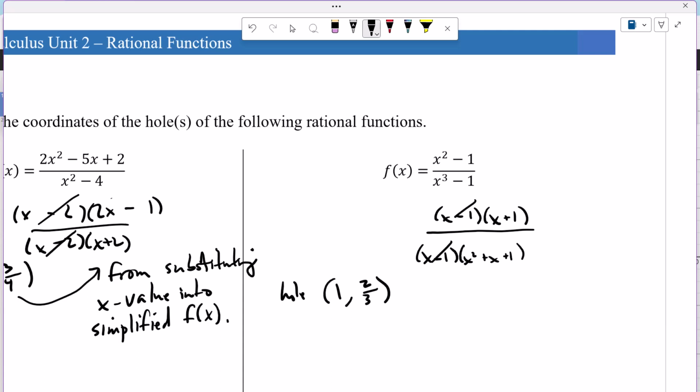If the degrees are equal, the horizontal asymptote is y equals the ratio of the leading coefficients. If it's top heavy by a factor of 1, that's where you find the oblique asymptote. Horizontal asymptotes can be crossed, while vertical asymptotes cannot.